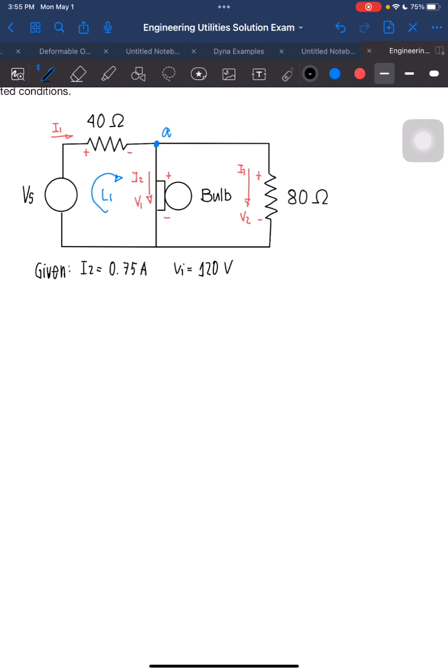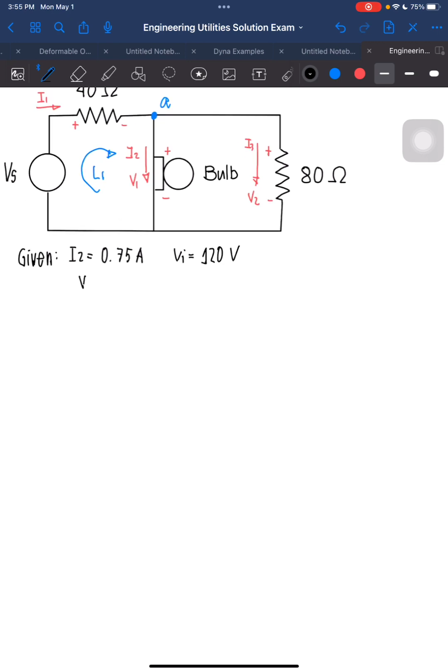Since ang V1, V1 at V2 ay nasa parallel sila, pwede nating sabihin na V1 is equal to V2. So, 120 volts equal to 120 volts.